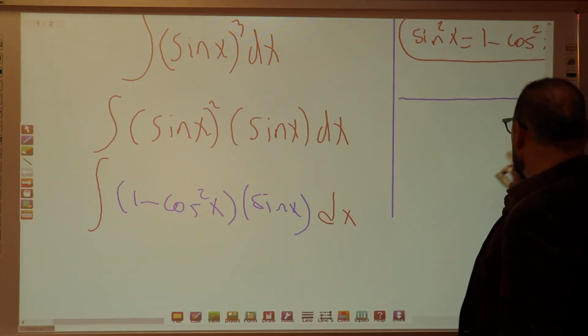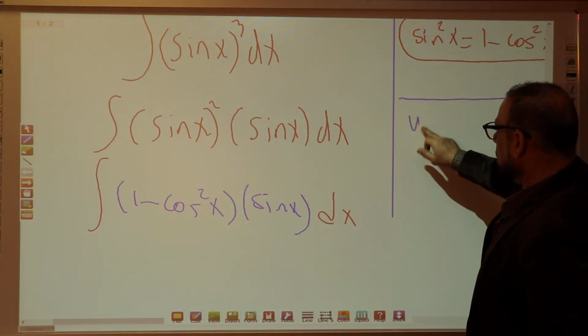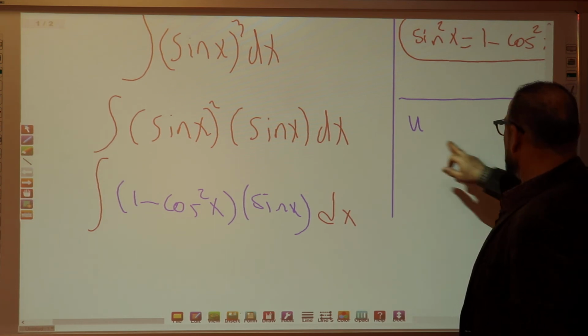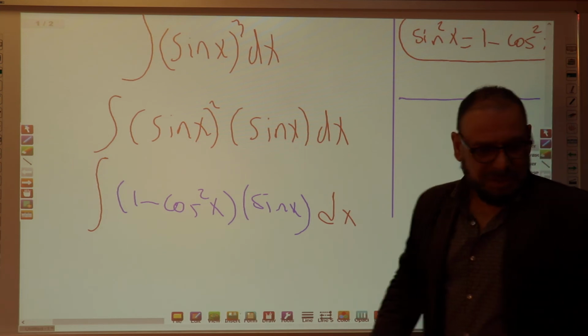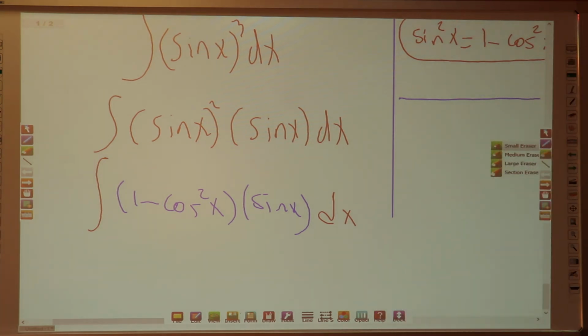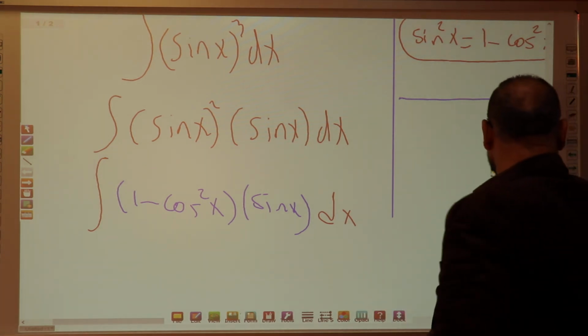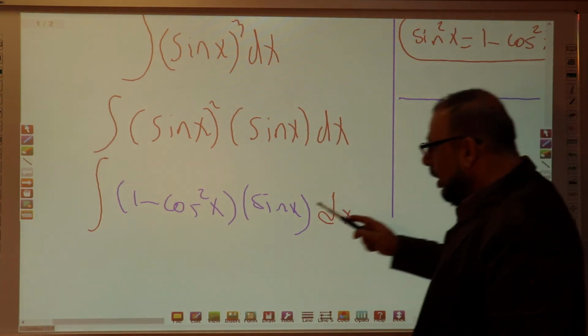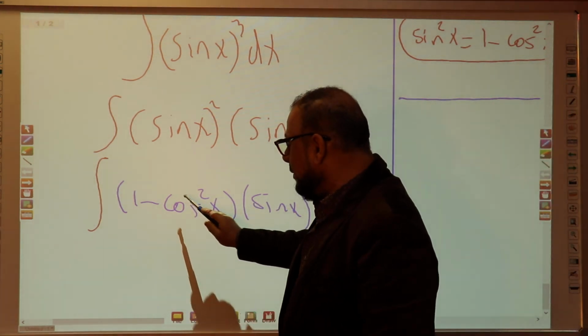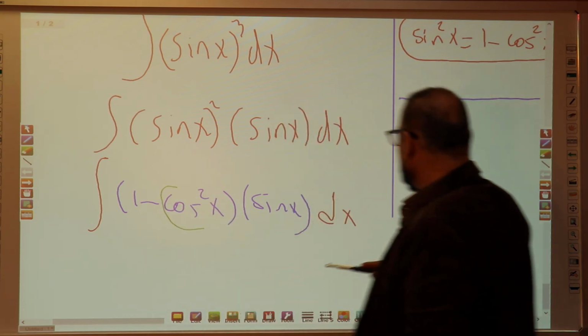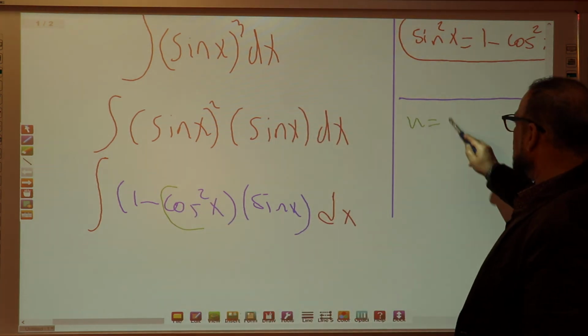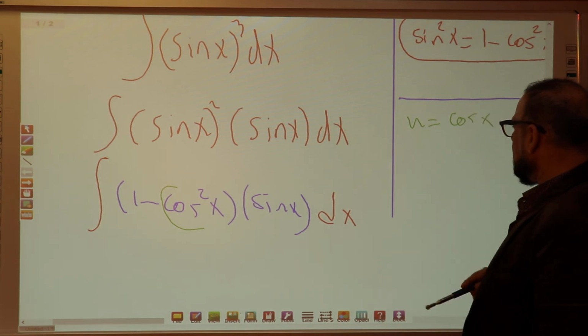Always the one that has the exponent is my u. Cosine. Then u is cosine x, right?